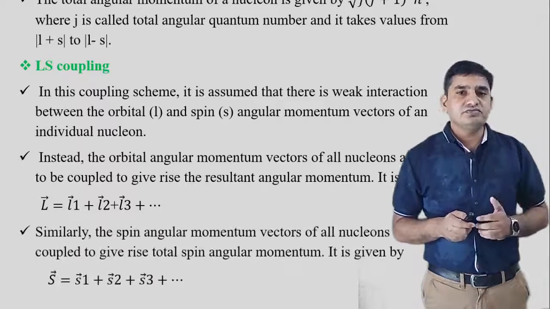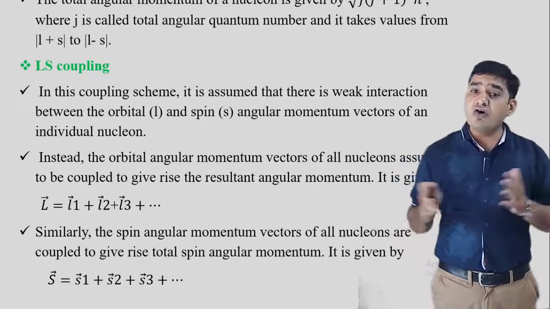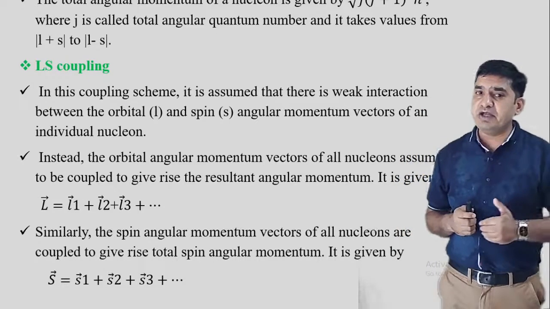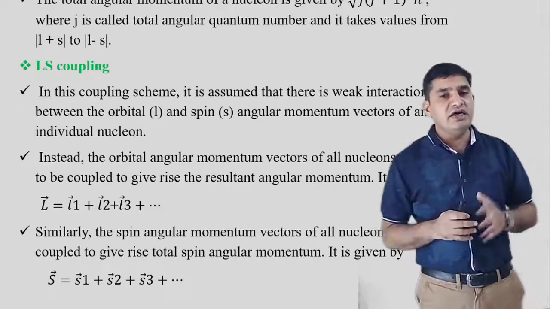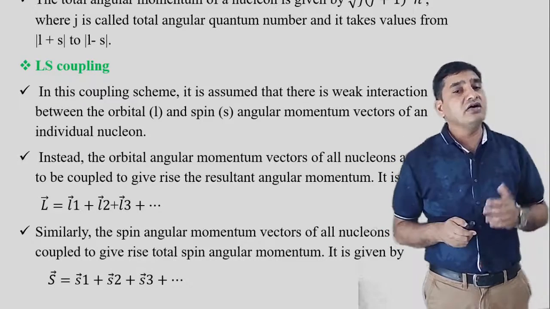Okay. Now similarly, the spin angular momentum vectors of all nucleons are coupled to give rise to the total spin angular momentum, and it is given by S bar equal to S1 bar plus S2 bar plus S3 bar and so on.